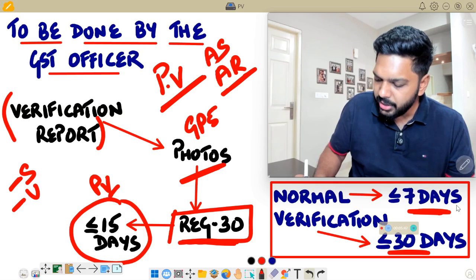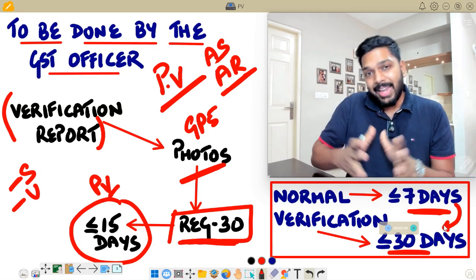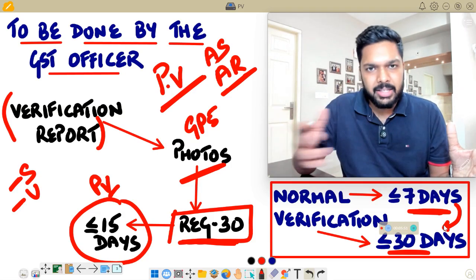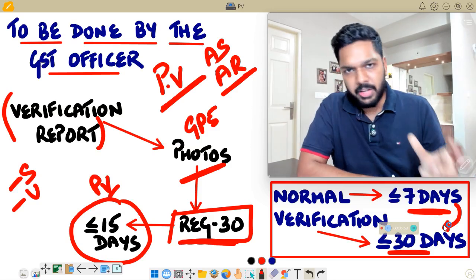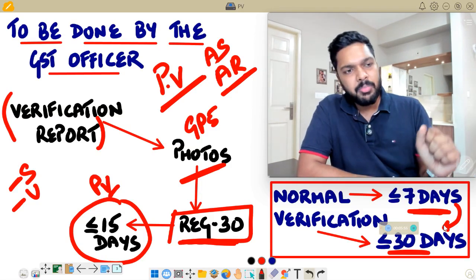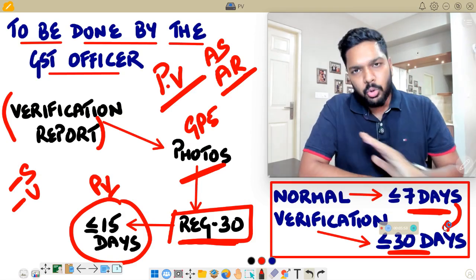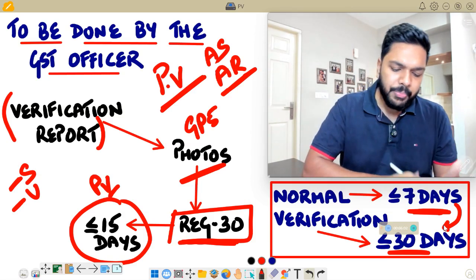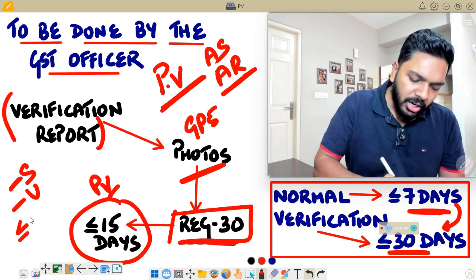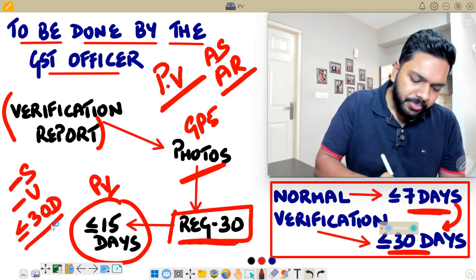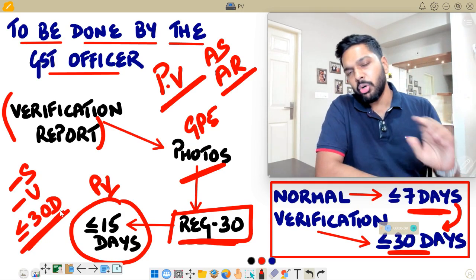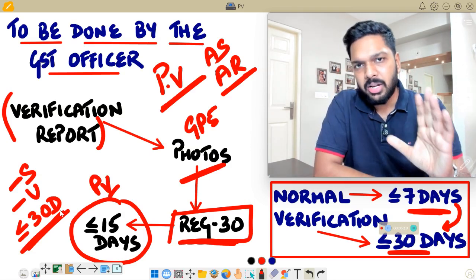So from 7 days to 30 days is the period of time that it takes if you have to undergo a physical verification. Normally it is 7 days, but because you failed the Aadhaar authentication, the officer will come to your location, do a physical verification, submit a report, and he has time up to 30 days of the application to grant a GST number or to approve your final GST registration application.